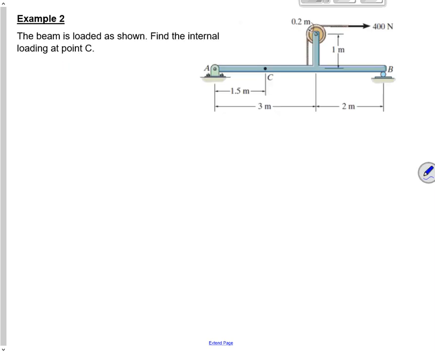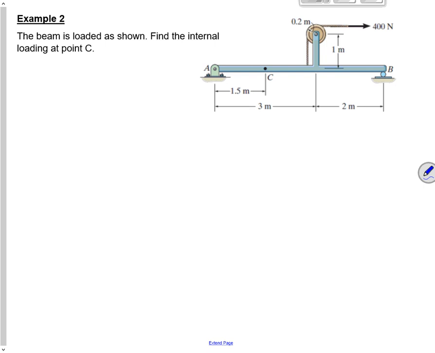So let's look at another problem, one that's slightly more complicated. I've got a beam loaded as shown. There's a pulley and cable, all kinds of good stuff. We want to find the internal loading at point C. So I'm probably going to want to work the left-hand side of this.